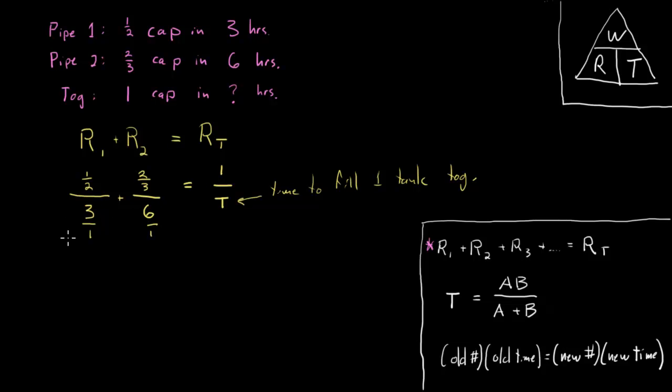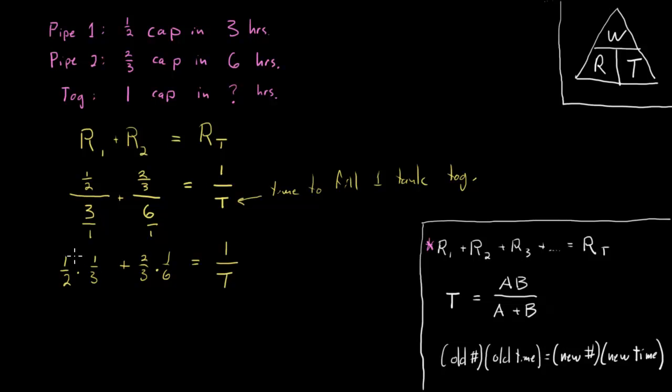So what's the rule for dividing fractions? Well, to divide fractions, I just multiply the numerator by not the denominator in its current form, but the reciprocal of the denominator, the flip of the denominator. So here I have 1/2 times 1 over 3, and here for the second term I have 2/3 times 1 over 6, and that is going to equal 1 over t.